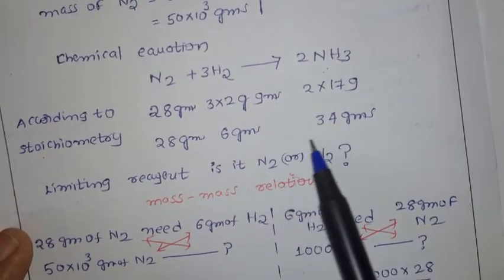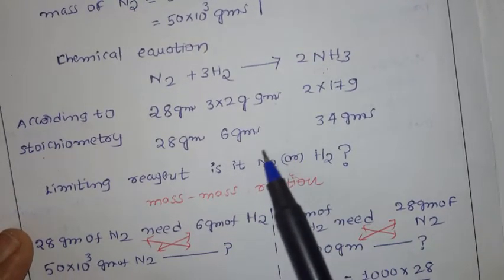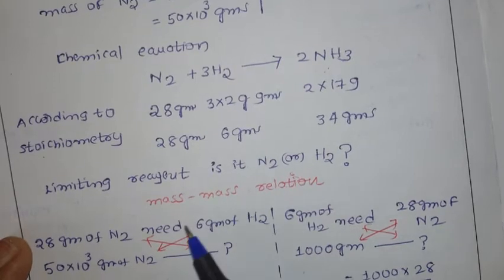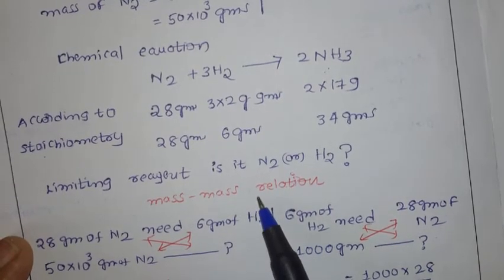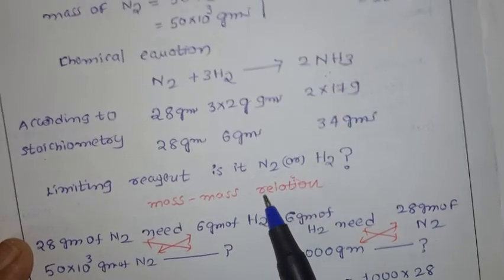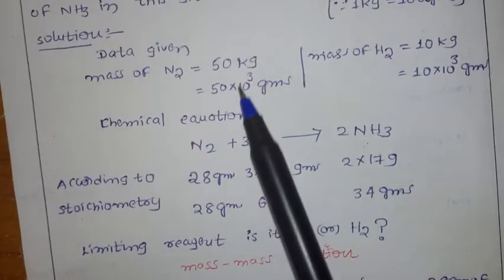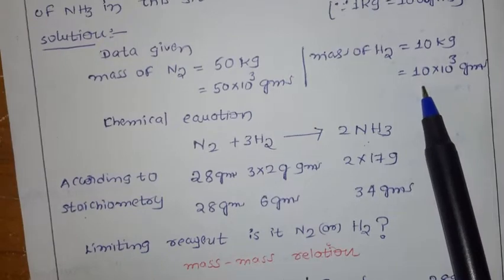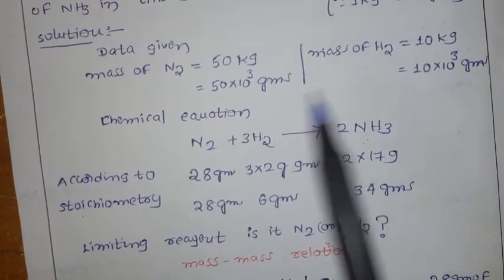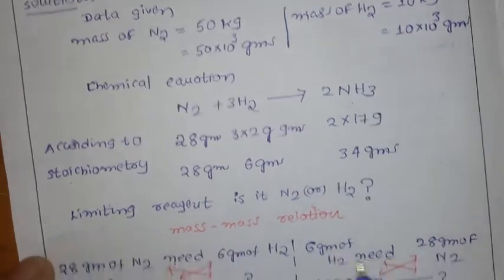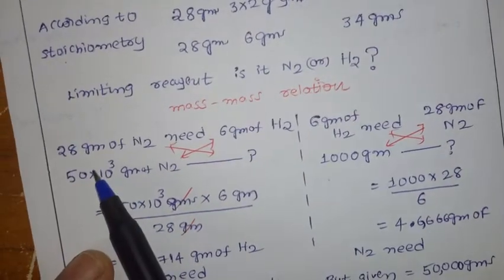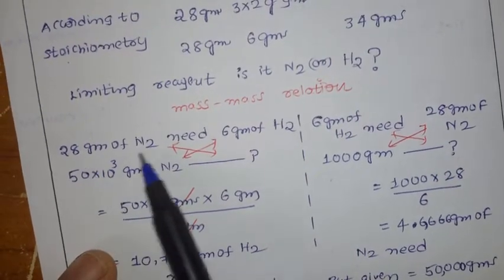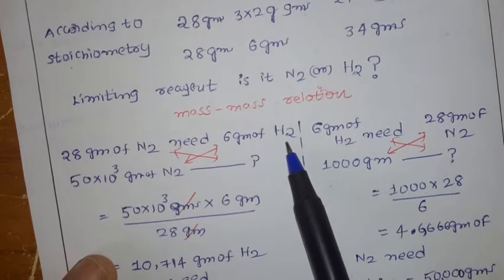Now we are going to discuss how to identify the limiting reagent. I am taking the mass relation, because in the problem the numerical data is given as 50,000 grams of nitrogen and 10,000 grams of hydrogen. So according to the stoichiometric equation, 28 grams of nitrogen needs 6 grams of hydrogen.